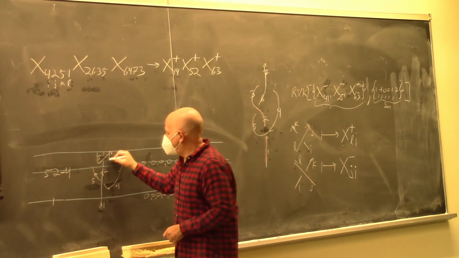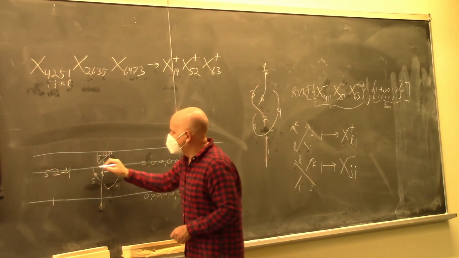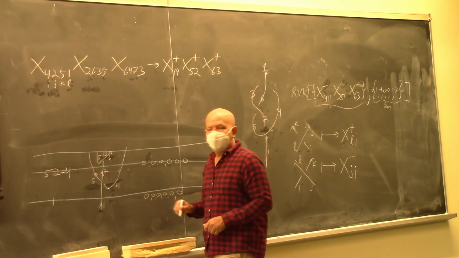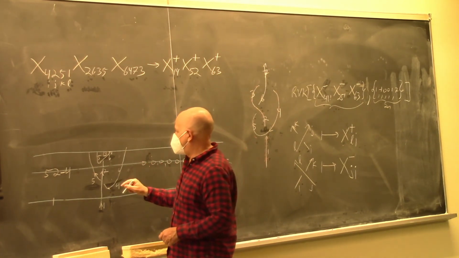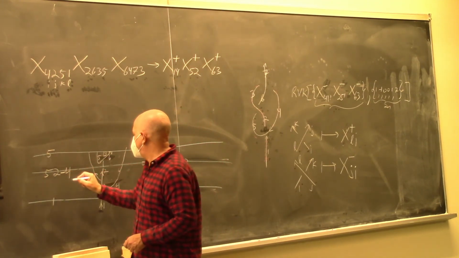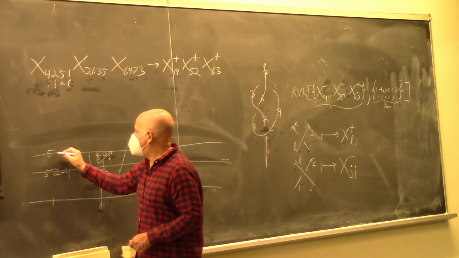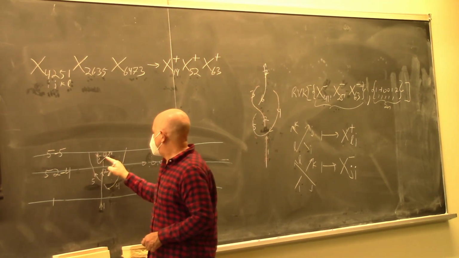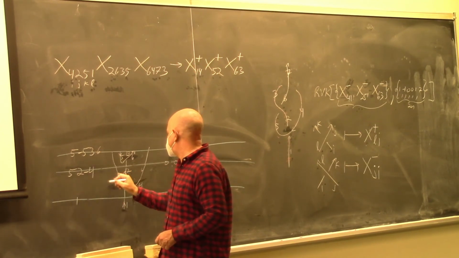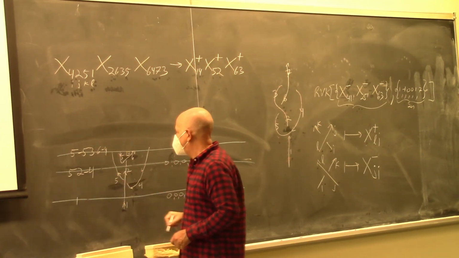And this will be 6, and this will be 3. And the picture I have now is: I have an outgoing 5, an incoming 5, a 3, a 6, and a negative 4.